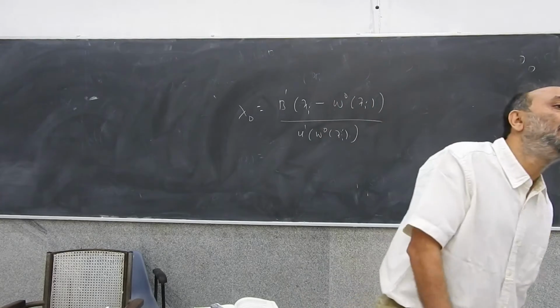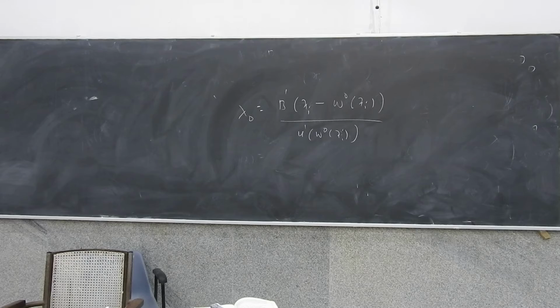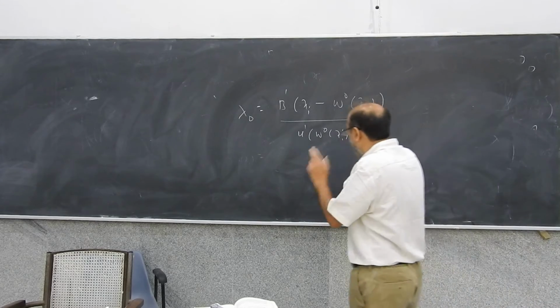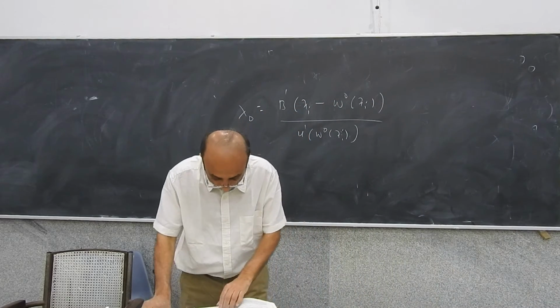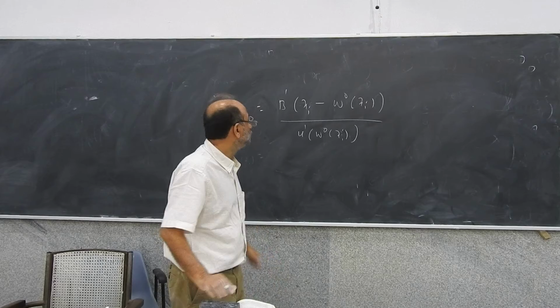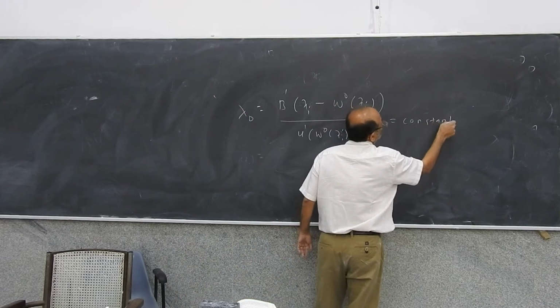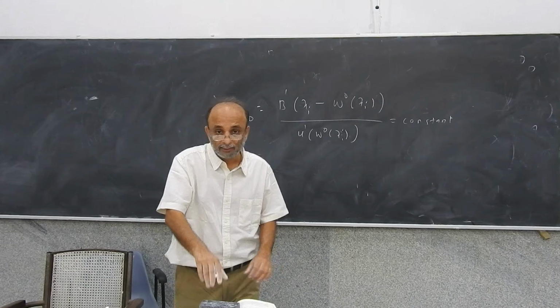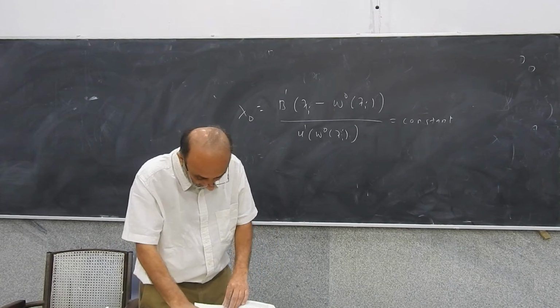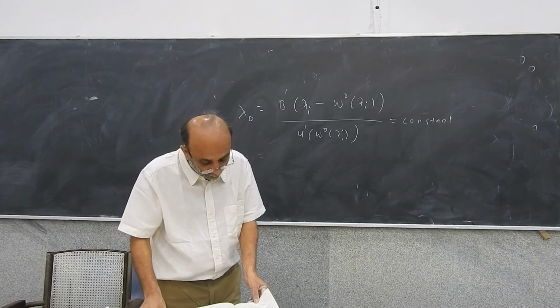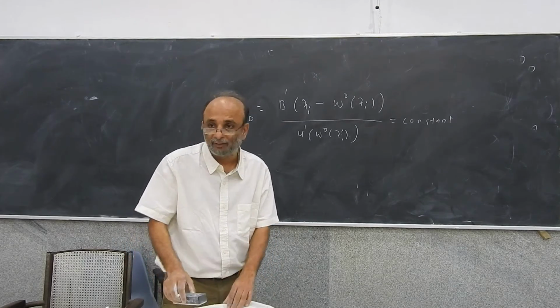The second important thing that it says is, if lambda is greater than 0, this ratio also must be a constant. Now, if this is a constant, you actually have something fascinating.